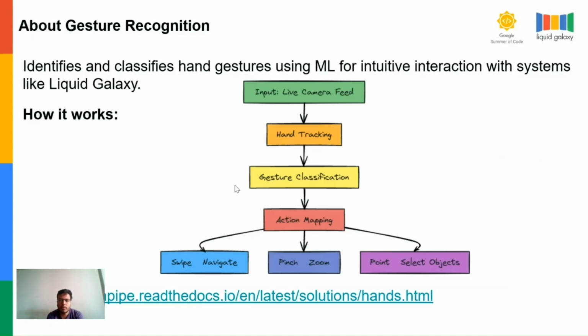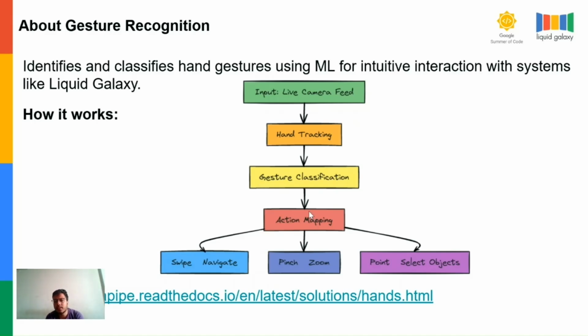How it works is that we first have to provide a live camera feed to the user. Then the camera feed gives us the camera input in the form of an input asset image, which we have to give to the hand tracking model. Our hand tracking model detects the coordinates of any kind of numeric 2D input array, and then this goes to a classification step to compare what kind of gesture is there.